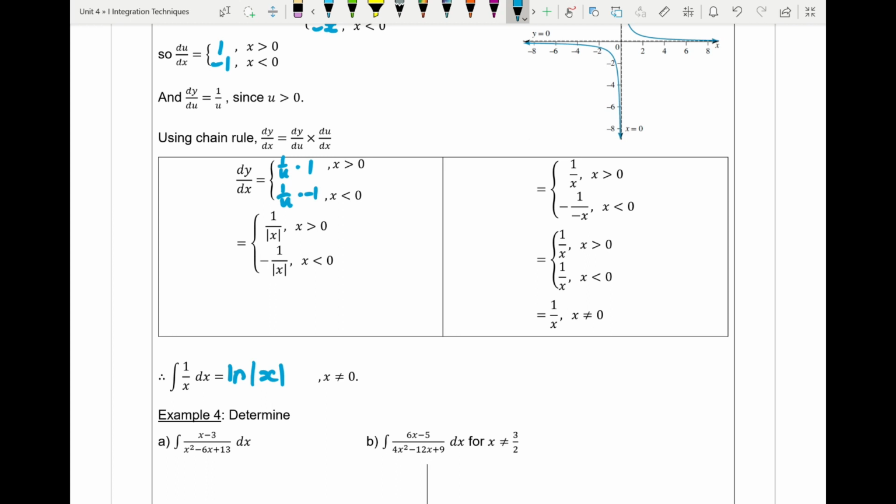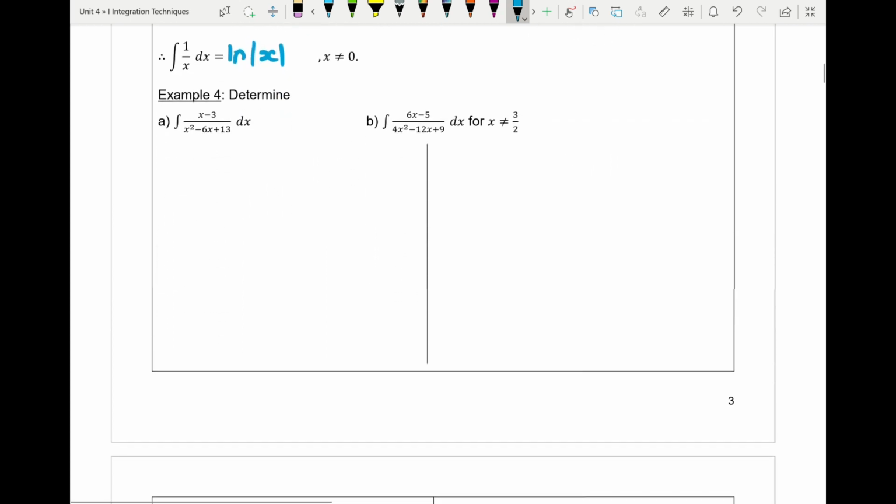All right, so let's combine that new idea with the idea that we looked at in the previous episode and compute these two integrals. So we have x take 3 on x squared take 6x plus 13. If we differentiate the denominator, we get a factor of the numerator. So let's see if we can do some cancellation here.